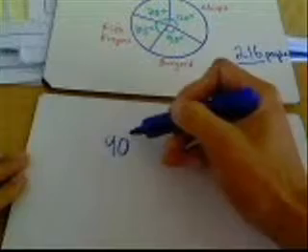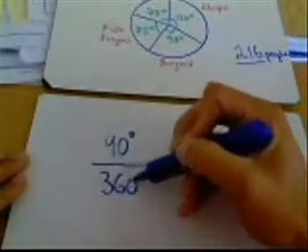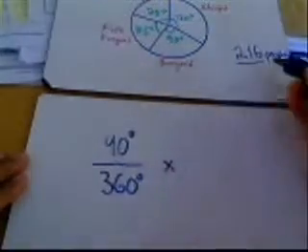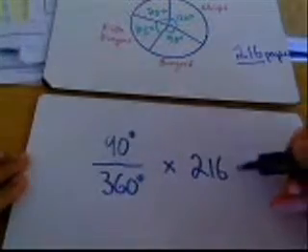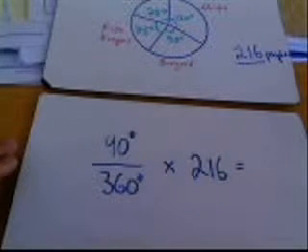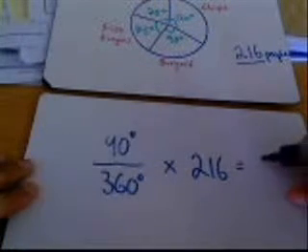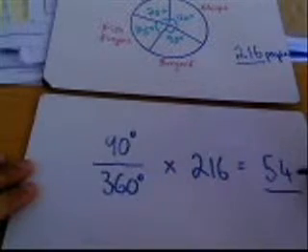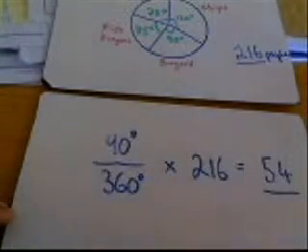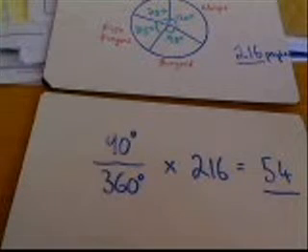Just to quickly answer that question, to work out the number of people that like burgers, we'd say burgers represents 90 degrees in our pie out of 360 degrees, so we do 90 divided by 360, multiplied by the total, 216, which gives us 54. So there were 54 people who said they liked burgers as their favourite food. And that is how we analyse pie charts.